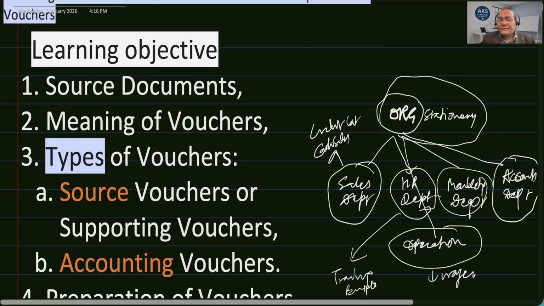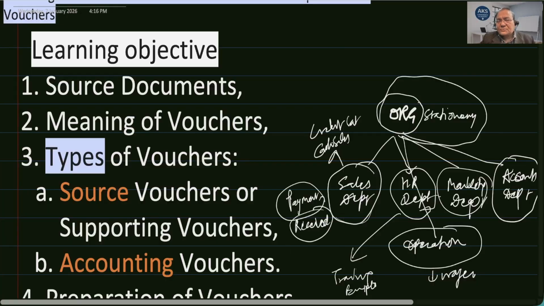Why I am referring to these is because these activities involve payment and receipt. Either they are paying something or they are receiving something. If there is payment done or receiving done, that is a transaction.